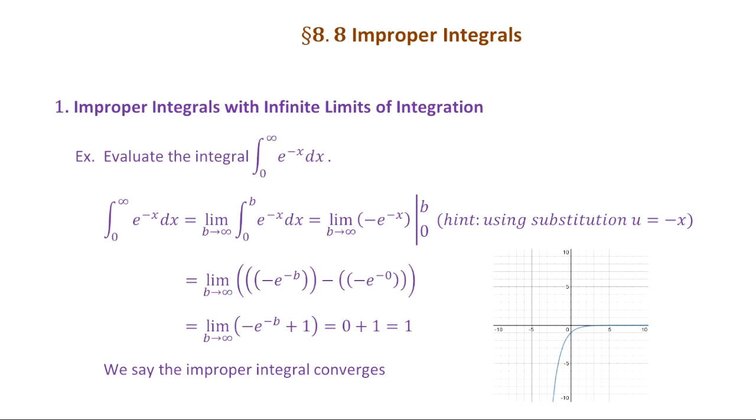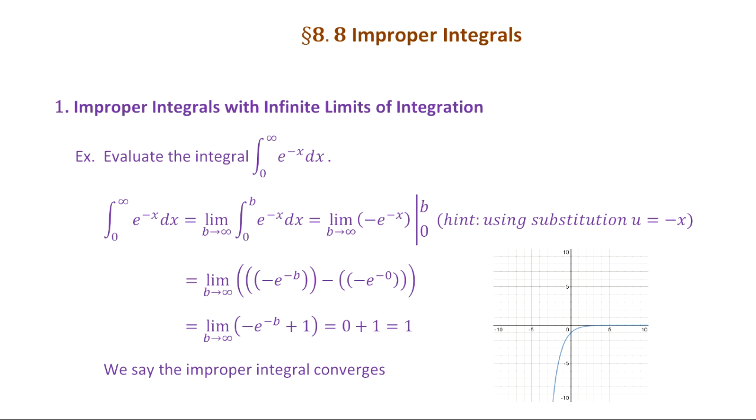This time we need to evaluate the limit of negative e to the negative b with b approaching infinity, and the function negative e to the negative x is shown on the graph. The blue curve.